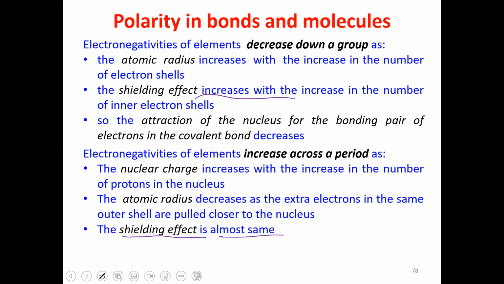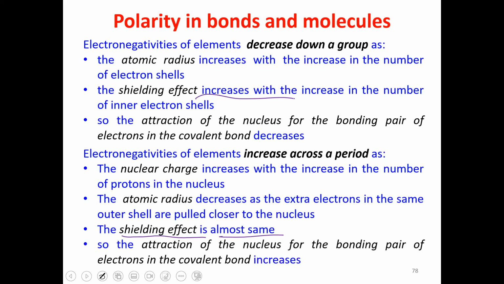Yeah, shielding effect increases down a group. You always look at the screen, but shielding effect is nearly constant in a period, because the number of shells is still the same.